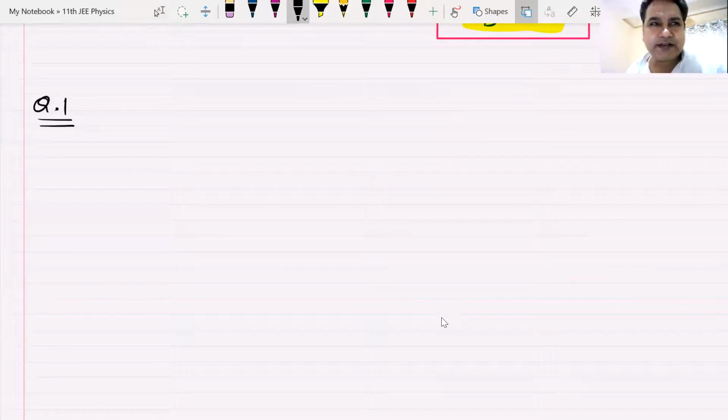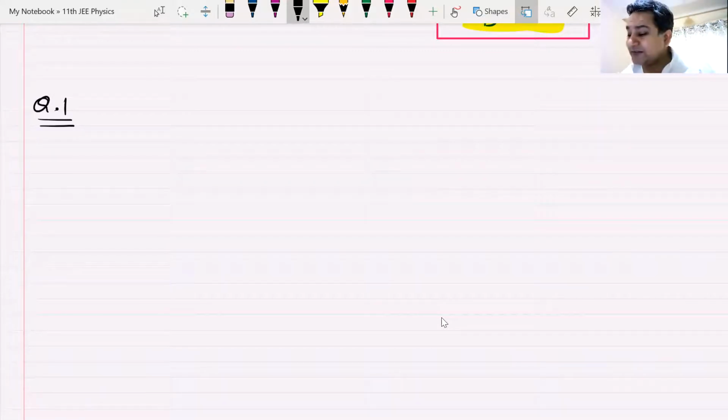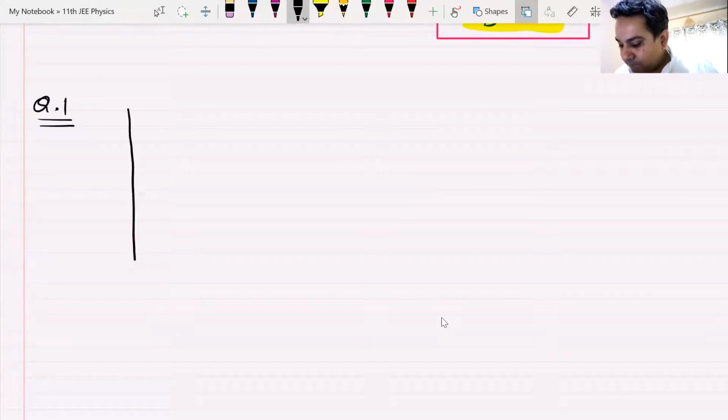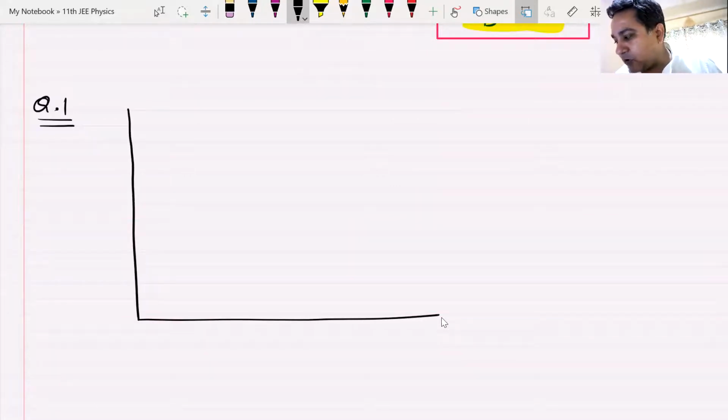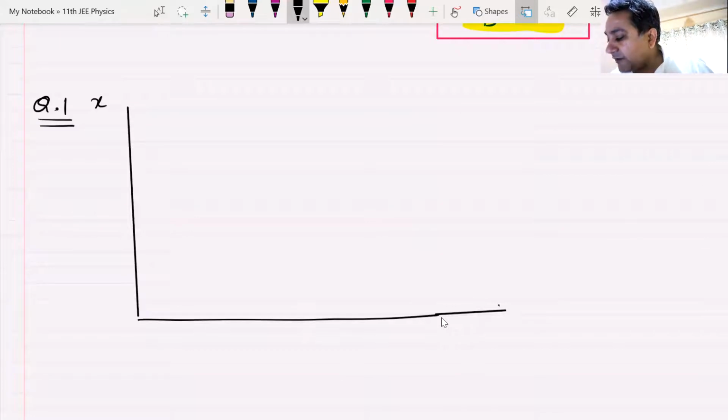The values may be different. The actual question appeared in the exam in JEE Mains 2019, I guess. The values may be different, but the concept remains same. So we concentrate on the concept part of it and let go the value part.